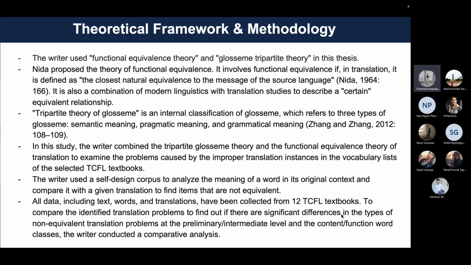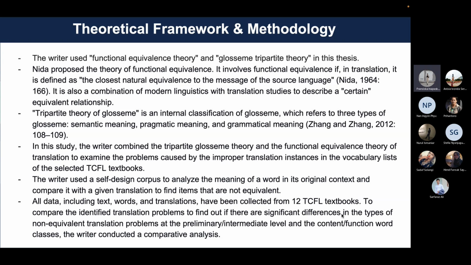These three types of glossemes are produced from syntax, semantics, and pragmatics. The semantic meaning type includes the meaning value and the meaning field, which are used to provide the lexical meaning as well as the connotative meaning of words for translators when they are faced with vocabulary translation work.